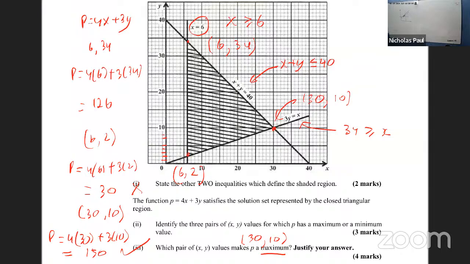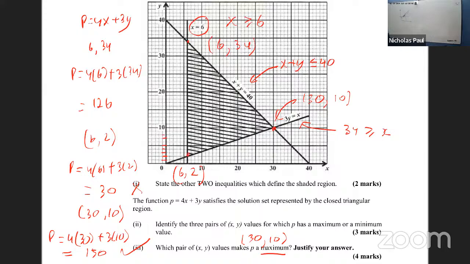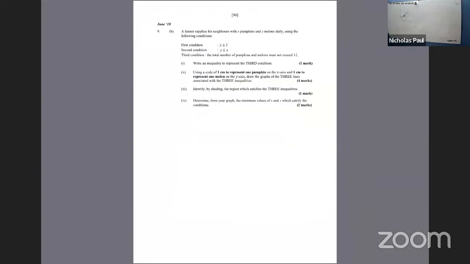Let's see if we can do a whole one. So that is linear programming. If I make a special graph, I will take the whole class, so let's not do that. I normally make you do a whole graph.